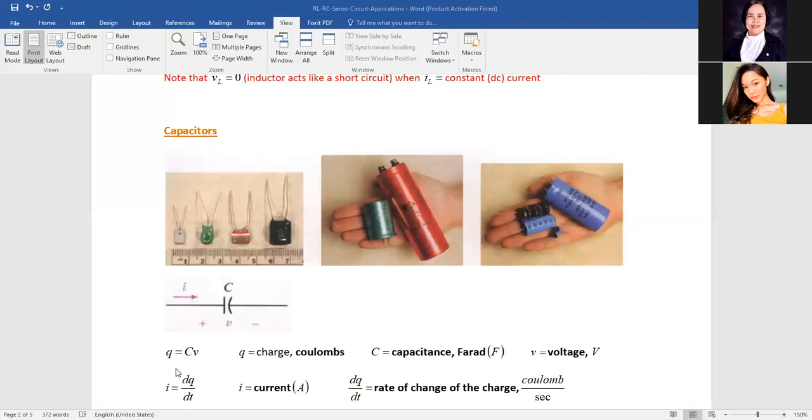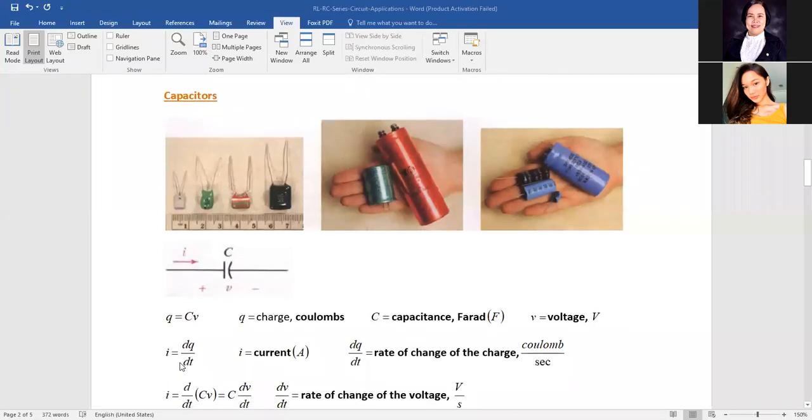Now, the current passing through the capacitor could be represented by the rate of change of the charge, or how the charge in your capacitor is changing over time. The charge in your capacitor changing over time, and that's your current. So rate of change of the charge, again, the charge being in coulombs, and then the unit of time, which is in seconds.